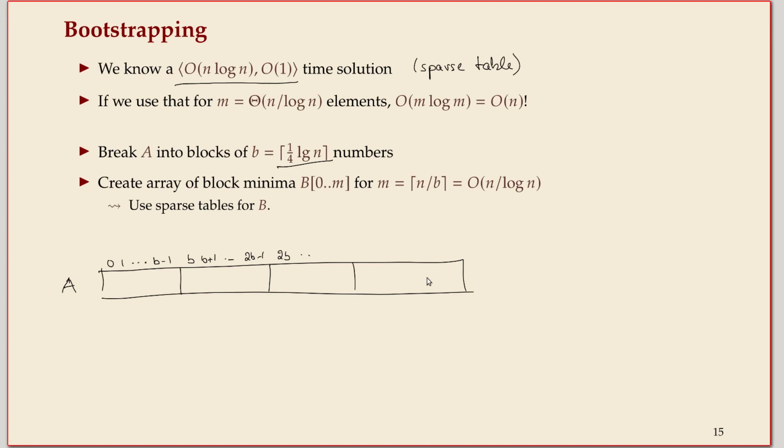So far, so good. Suppose, let's make this a little bigger. So we have all these blocks. All of these blocks will have, local to the block, some minimum element. So note that I'm back to minima.